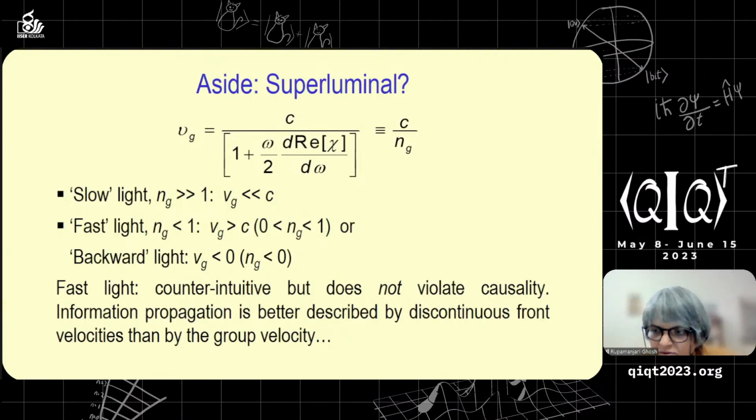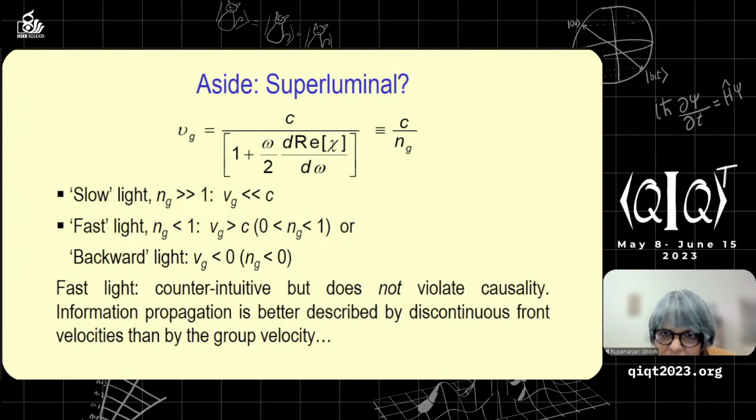Before I go to adiabatic transfer, let me say an interesting thing, which I talked about some time back in another forum. I was saying that Vg, the group velocity of light inside the material, is c by Ng. If Ng is much larger than 1, then you have slow light because your Vg is much smaller than c.